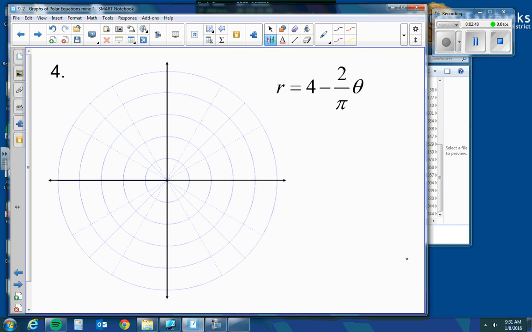All right. Number 4, we're going to replace as well, because number 4 is just a circle, right? We've done that. So replace it with this. Now I'm going to make another table. Same angles.